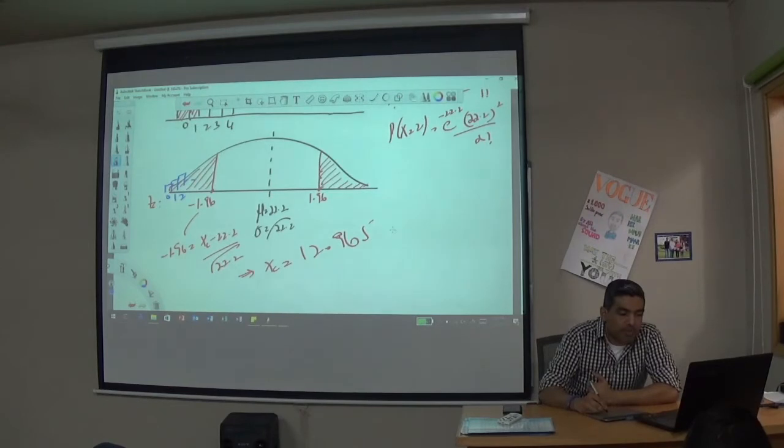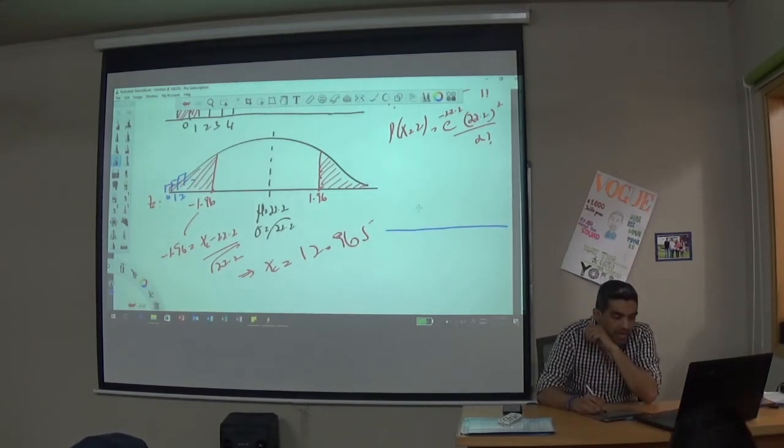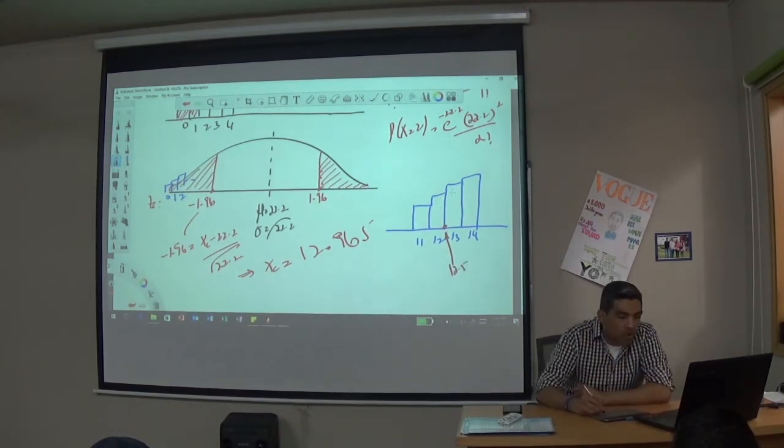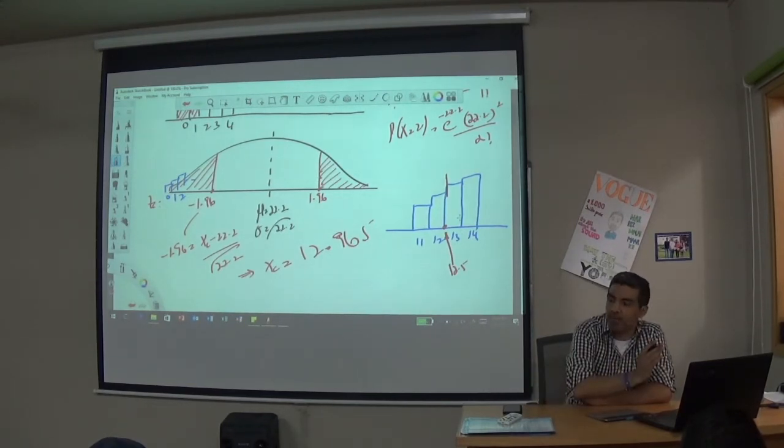See, if you remember the concept of the continuity correction that we used to use, the whole idea was that there is, let's say, an 11 bar, there is a 12 bar, there is a 13 bar, and there is a 14 bar. Now, when we say 12.5, we are accommodating the entire 12 bar. When we say 13.5, we are accommodating the entire 13th bar.